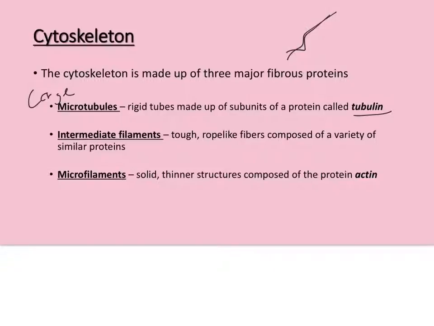Intermediate filaments, the second one here, have that name because they are intermediate in size. So these are rope-like, very tough proteins that we see inside the cell. And then microfilaments are the smallest of these. And they are solid, thin structures composed of a protein called actin. So let's take a look at each one of these.